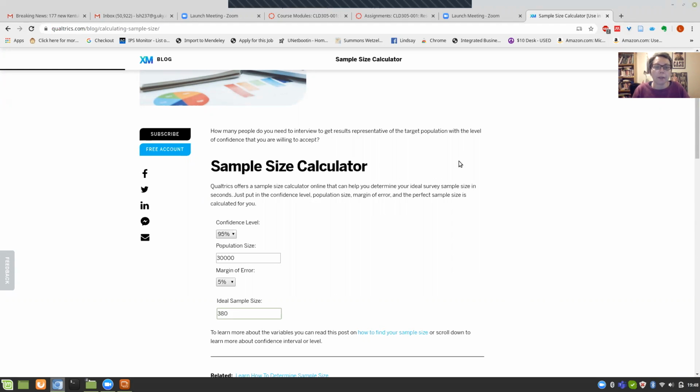But what that means is that, for example, if I asked this sample of 380 students how satisfied they are with their living situations, and I found in that sample that the majority were very satisfied, then I could say I'm 95% sure that if I asked all 30,000 students, they would say that they are very satisfied.